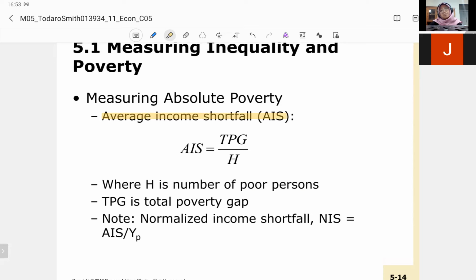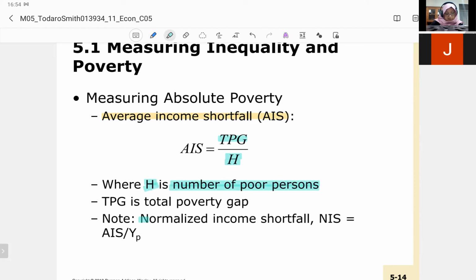For example, if the poverty line is $100 and my income is $50, then my income shortfall is $50. The average income shortfall is calculated by TPG, or total poverty gap, divided by H, the headcount, where H is the number of poor persons. So that's the average income shortfall.